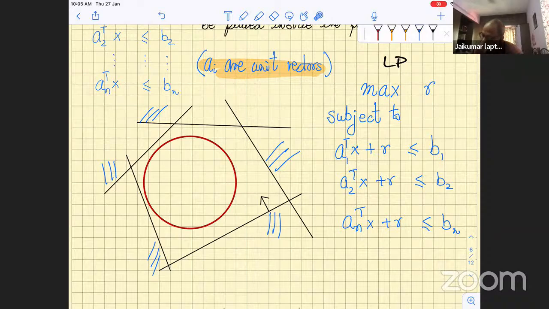Okay, yeah. So now this point, this x is going to be the center of this disk. So it must be the case that if you take a dot x and add r to it, r is the radius that we are looking for, so add r to it, it should still be less than b. That means that the center is at least a distance r away from this hyperplane, and it is in the right direction.